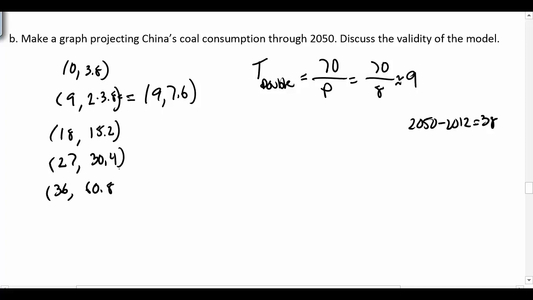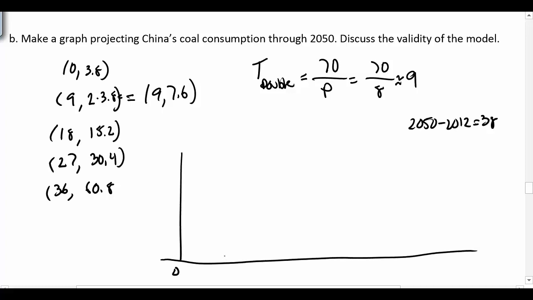Okay, so I can draw a pretty good graph with this. So here's 0, 9, 18, 27, 36, and looking at these numbers, I'm going to count by 10. So 10, 20, 30, 40, 50, 60. Okay, so 0, 3.8, right about there. 9, 7.6.